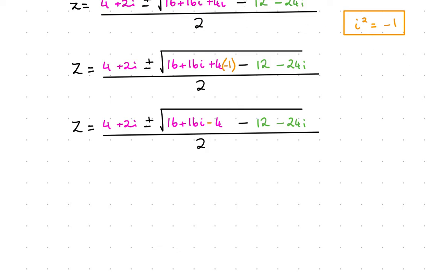And now I'm going to tidy this up as much as I can. So I get z is equal to 4 plus 2i, no change there, plus or minus the square root of 16 plus 16i minus 4, that's going to be 12 if I combine those two together, 12 minus 12 then.